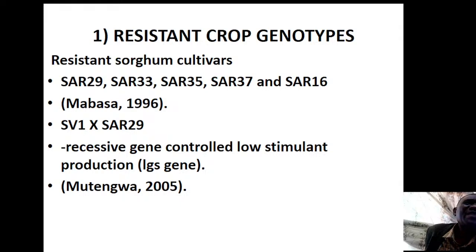That was the basis of their resistance. And this could be passed on in crossbreeding to form some genotypes which could produce less stimulants, and yet they could also produce high yields.